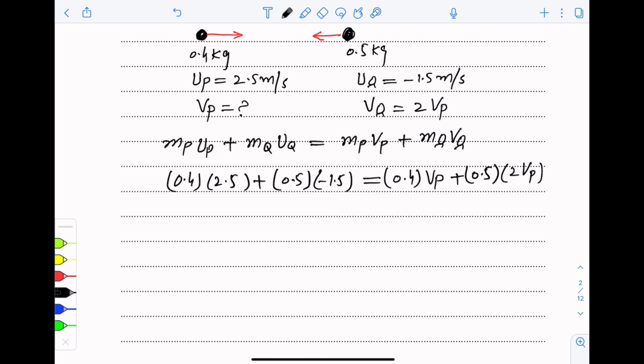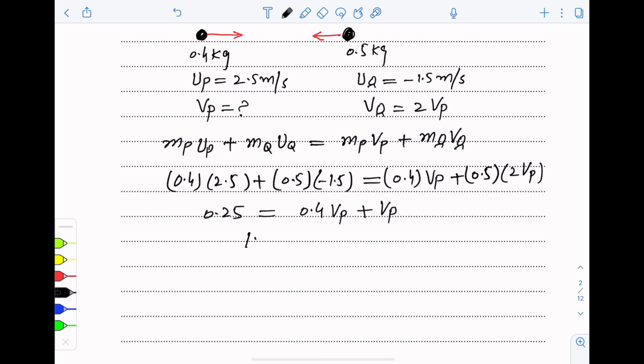Left hand side after calculating will become 0.25. Right side becomes 0.4 Vp plus Vp.